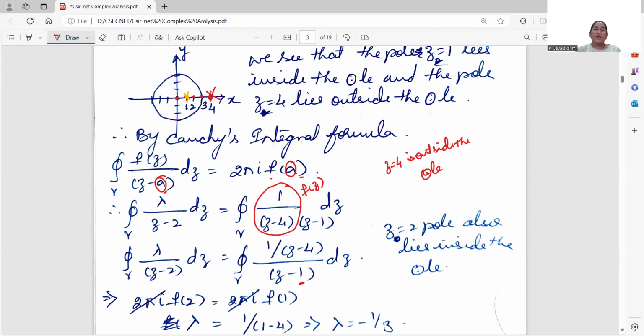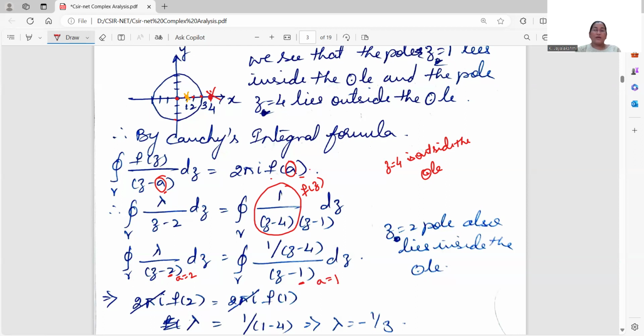Now we apply the formula: the integral over gamma of f(z)/(z minus a) dz equals 2πi times f(a), applied to both sides. For the left-hand side, a equals 2, and for the right-hand side, a equals 1.